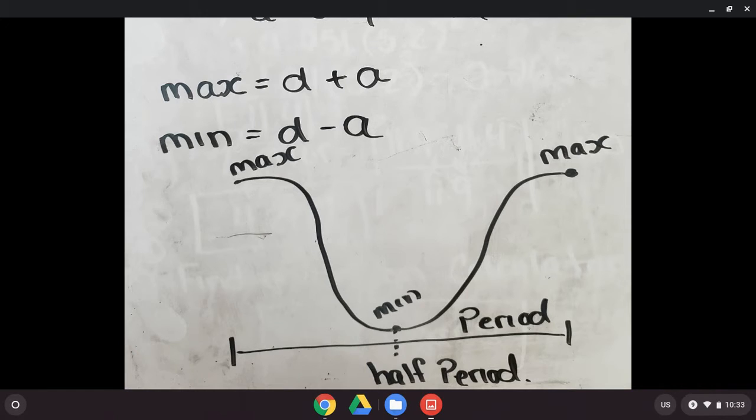So if it takes 0.6 to get halfway, you just need to double that to figure out the full period. Then you can use the formula period equals 360 divided by b, and rearrange it to figure out the b value.